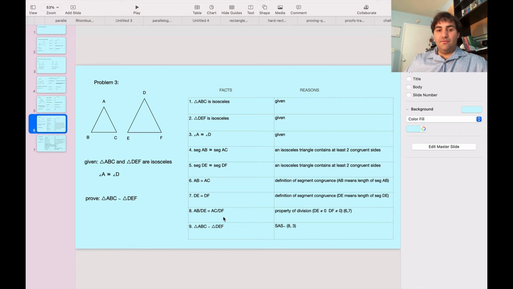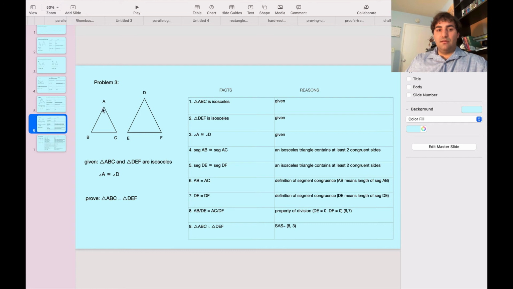So in other words, we found the proportion we wanted, right? AB divided by its corresponding side DE is equal to AC divided by its corresponding side DF.